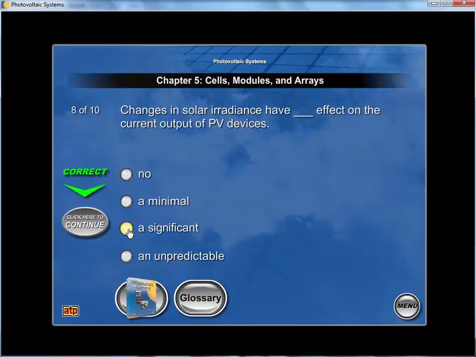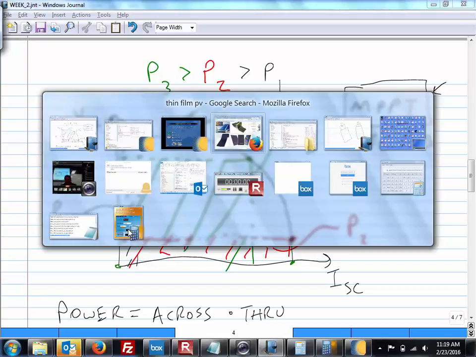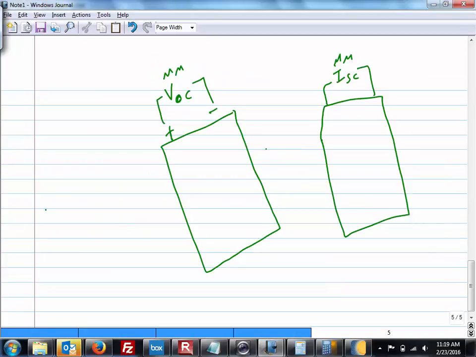The way to think about that is back to our across and through variables. So, here come the photons coming in. I'm just going to draw them as little photons. And each one of these photons represents a certain amount of energy.